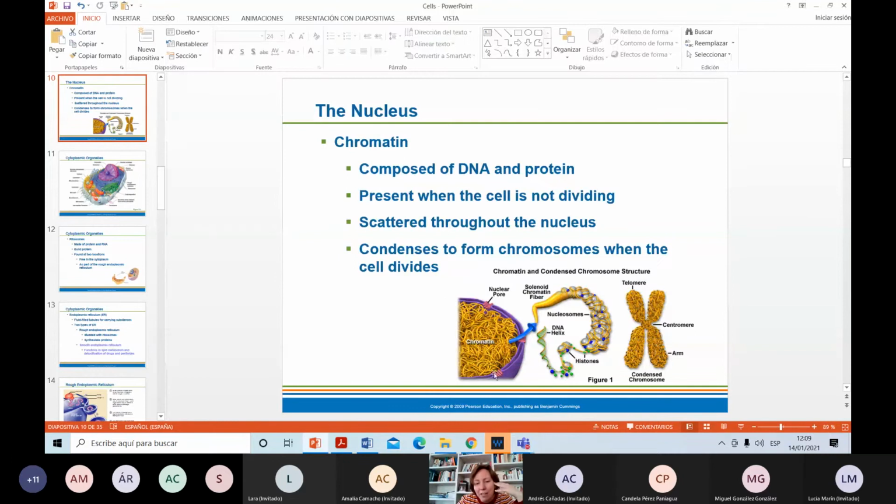So in every cell in your body, you're going to have 46 molecules of DNA forming your chromatin. And when those cells are going to divide, you would be able to see 46 chromosomes, each one with these two parts.